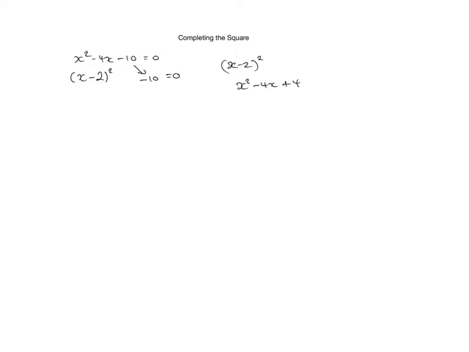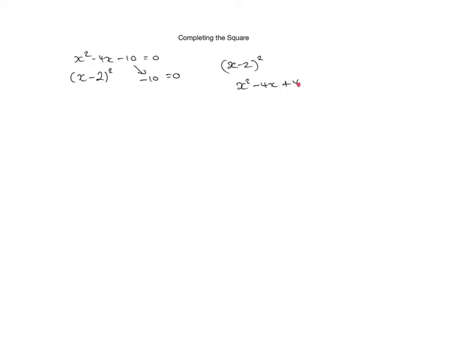So I want the top equation to be the same as the second equation, because otherwise I've changed it. I'm not allowed to change it because they both have to be the same. So this x minus 2 squared here, when I multiply it out, you can see there's an extra term that I don't want. You see this plus 4 here.